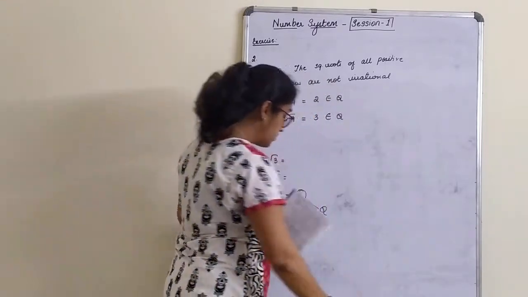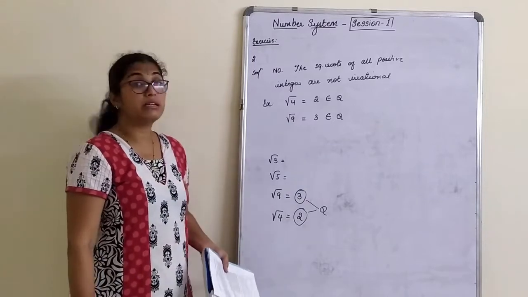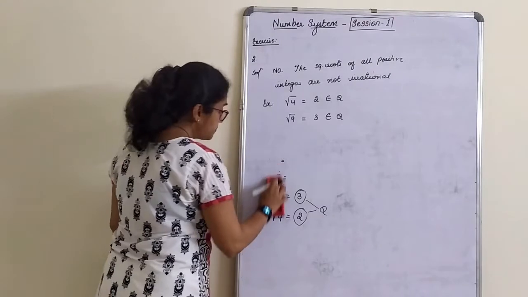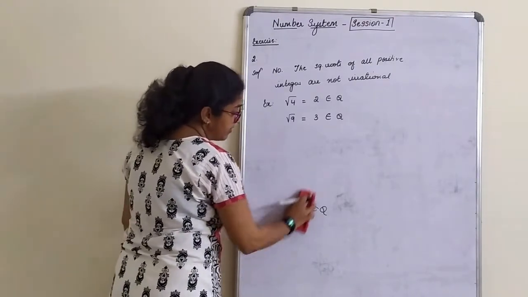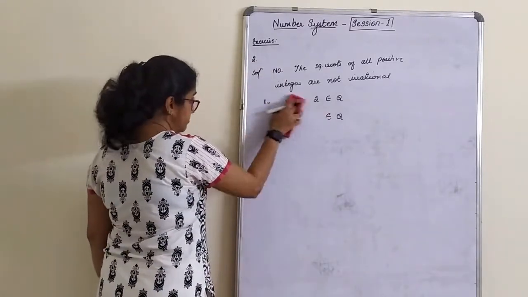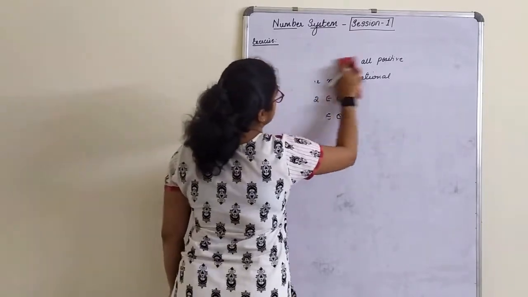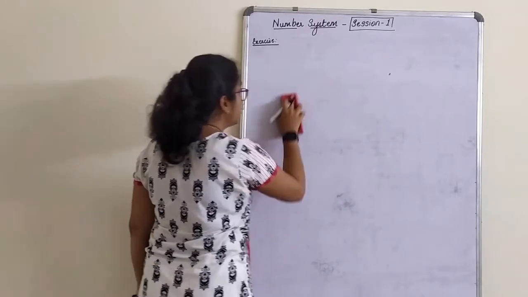Now the most important concept of this chapter, that is how to plot an irrational number on a number line. Let's do that. Now in your textbook, they have only asked you to plot root 5 on the number line. But before we start with root 5, for example, if I ask you to climb the steps, you will not directly climb on the 5th step.